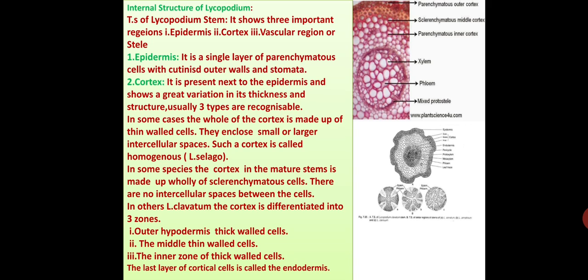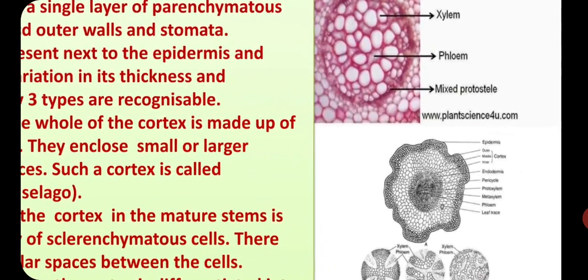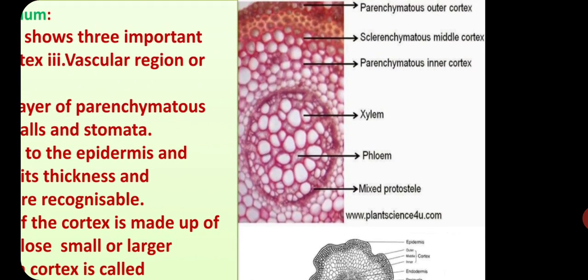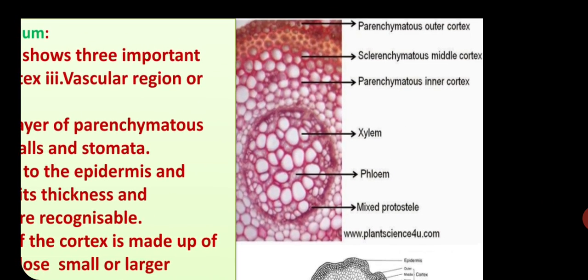The first is the outer hypodermis with thick-walled cells, the middle zone has thin-walled cells, and the inner zone has thick-walled cells. The last layer of the cortical cells is called the endodermis. See friends, this is the internal structure of the Lycopodium stem.